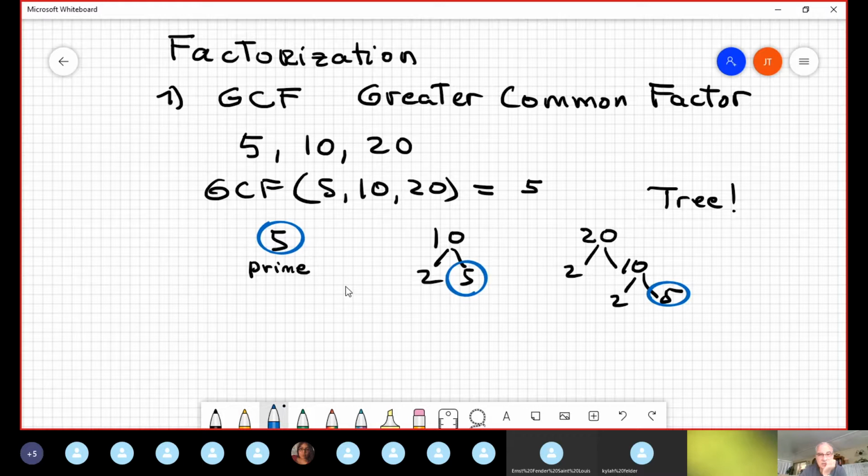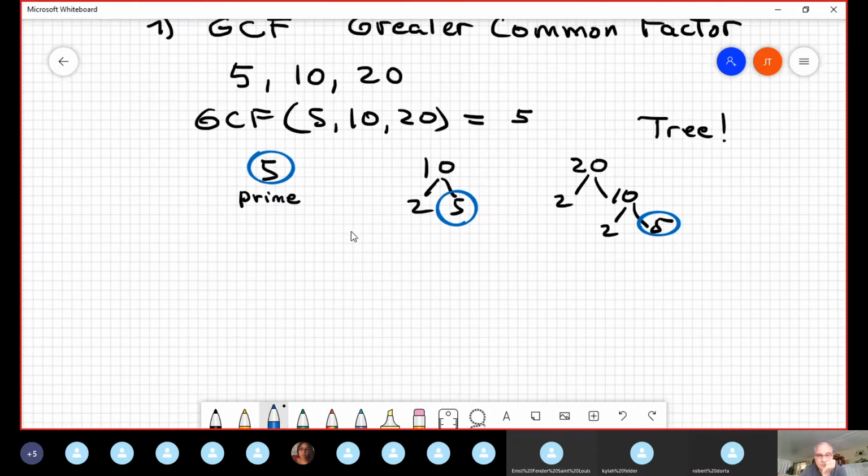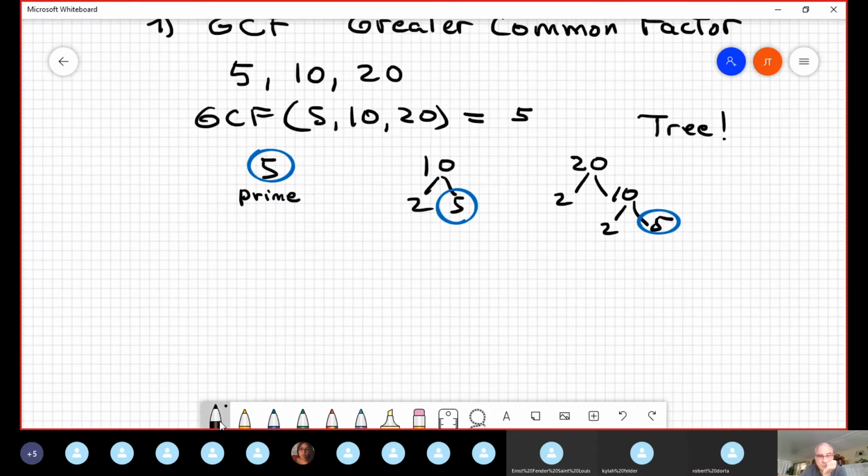Okay. Let me try another example. Suppose the common factor between 40 and 72. Could you find it or no?